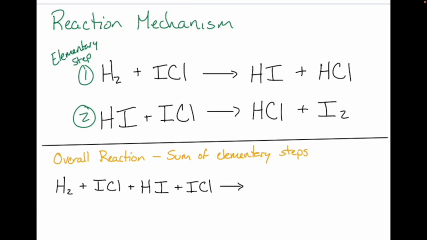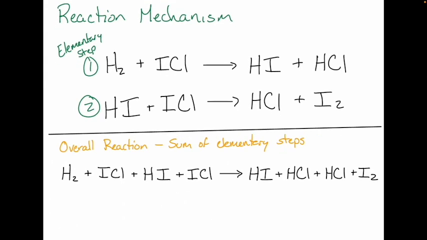I'm going to do the same thing on the product side. HI and HCl from my first elementary step. Then HCl and I2 from my second elementary step. All right, so this is how we're summing up these elementary steps.